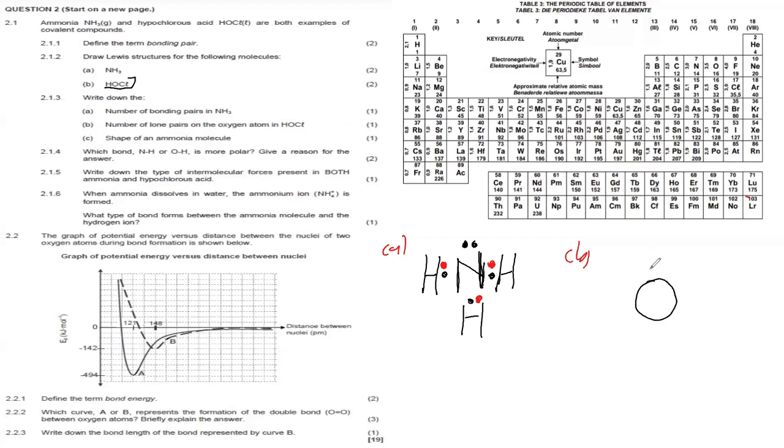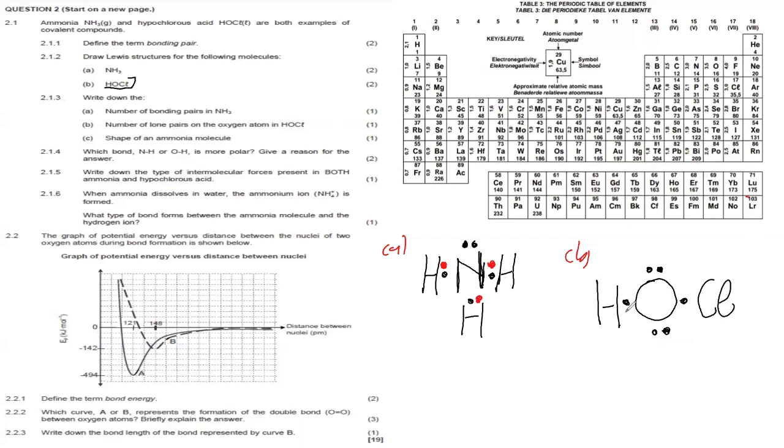And then there we go, we have 1, 2, 3, 4, right? With this one, what we normally do is form our lone pairs here, so that we are able to put the hydrogen and the chlorine this side here. So we have the hydrogen, and then we have the chlorine here.